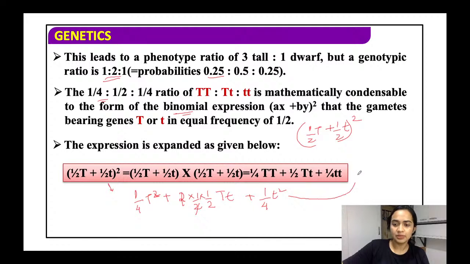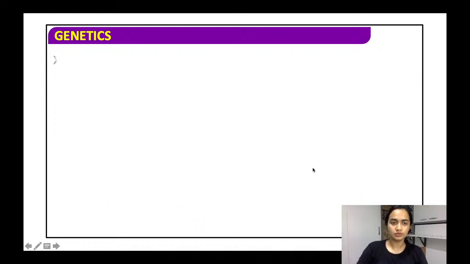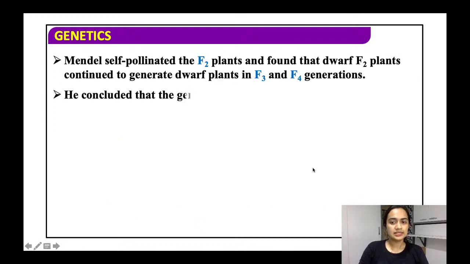This can be written as 1/4 capital T capital T, 1/2 capital T small t, and 1/4 again of small t small t. So from this we get the probability relation or the ratio. I hope this is clear.